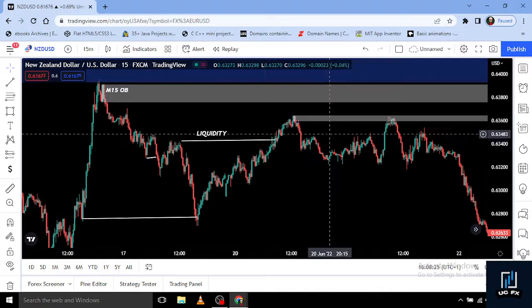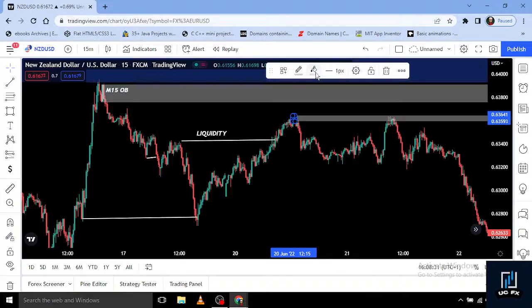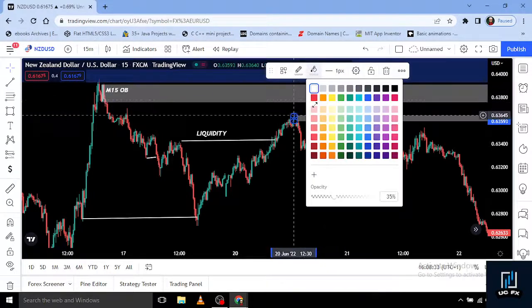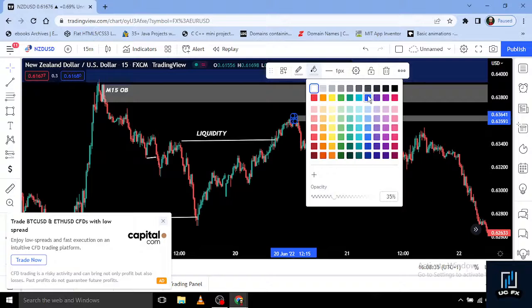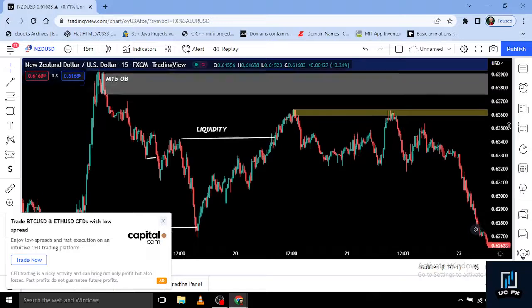So if you go down to the 5 minutes time frame, you would as well spot a nice order block inside that area. So let's mark this one yellow.